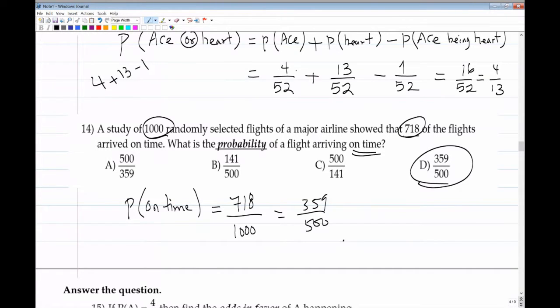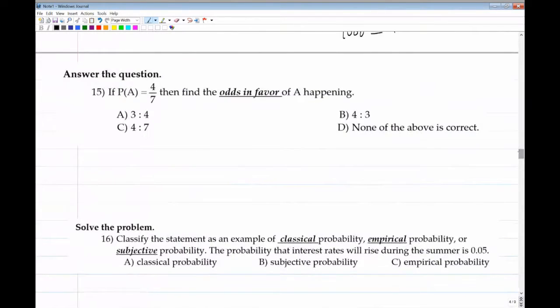Because if we have 1,000 in total, and I subtract 718, so 1,000 minus 718, then actually 282, those are late. They will not arrive on time. So then we'll divide that by 1,000 to find the probability. But it depends on the question, if they ask if they will arrive on time or actually the opposite.